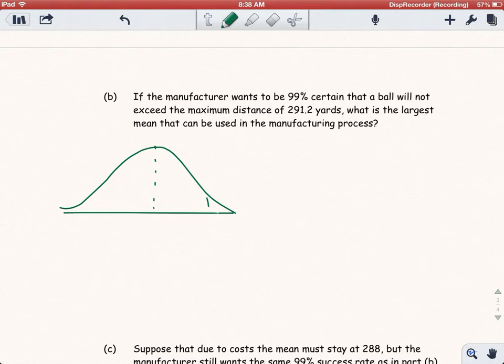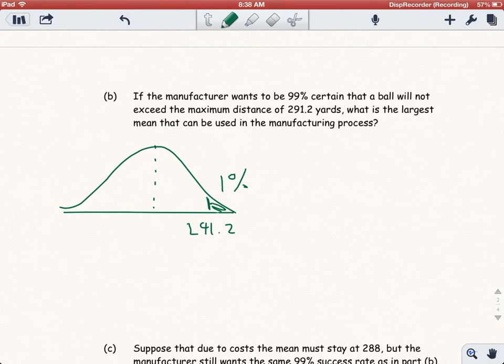Same idea, we've got the 291.2, but now we want to be 99% certain, and so we want to figure out where we have to set the mean in order to achieve that 1%.